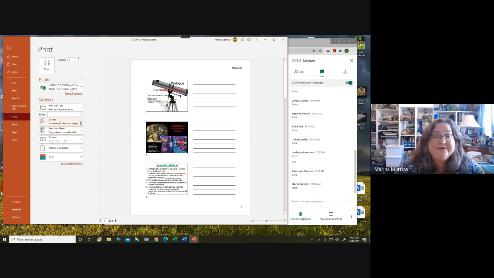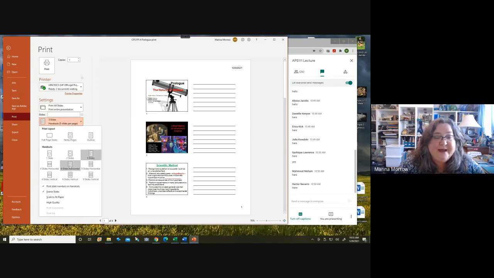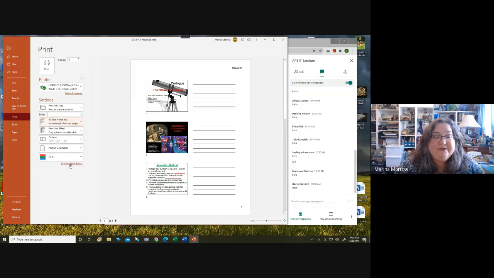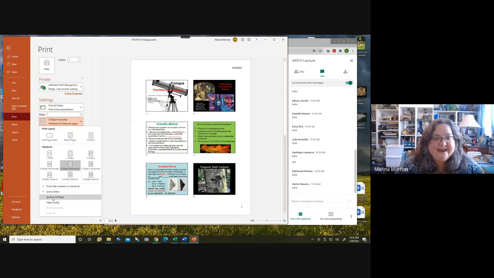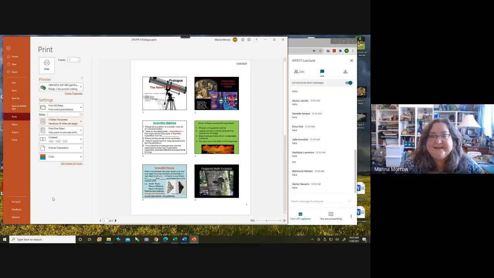Some people print them out, so you might have 6 slides like this. And that leaves a little bit of room for notes. You can also do what's on here. It says scale to fit paper. So if you're watching carefully, you'll see that they get a little bit larger in that case.